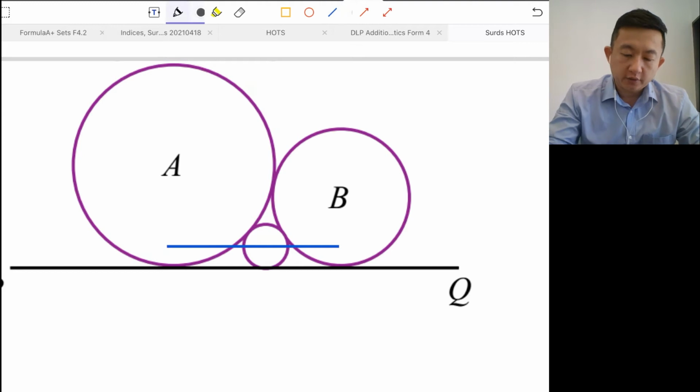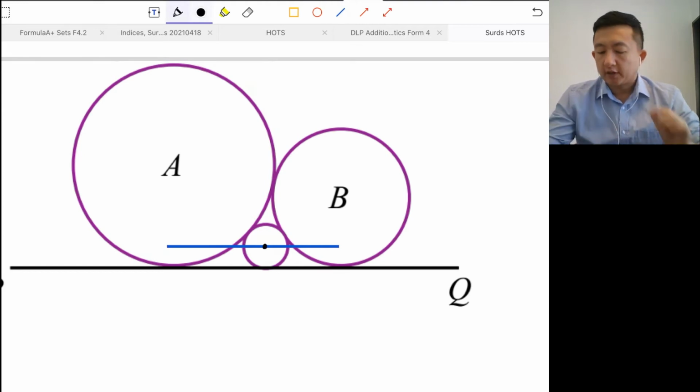Okay, this is what I'm going to do. What am I working on? Assuming this straight line is parallel to PQ and passes through the center of the smaller circle.